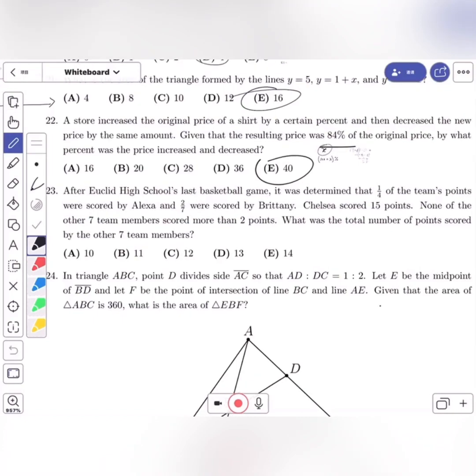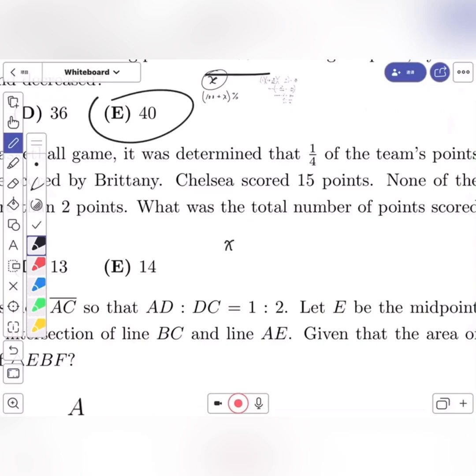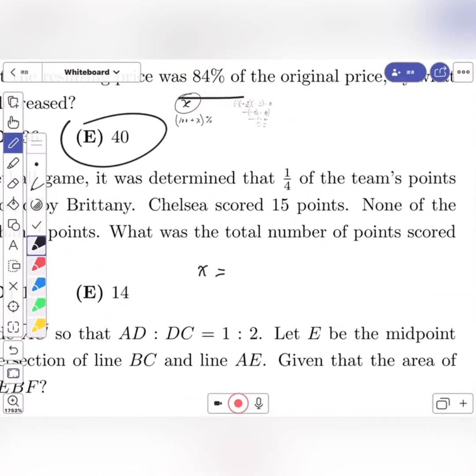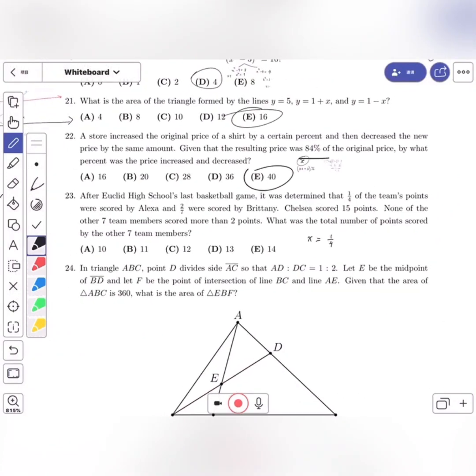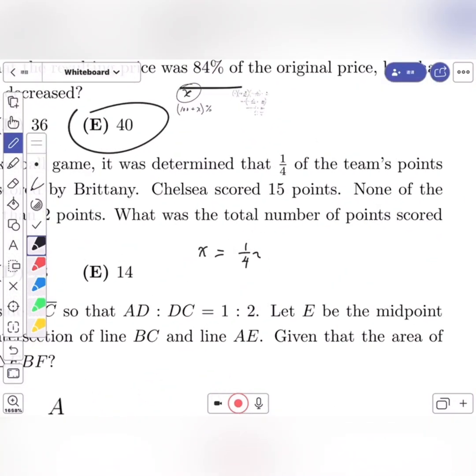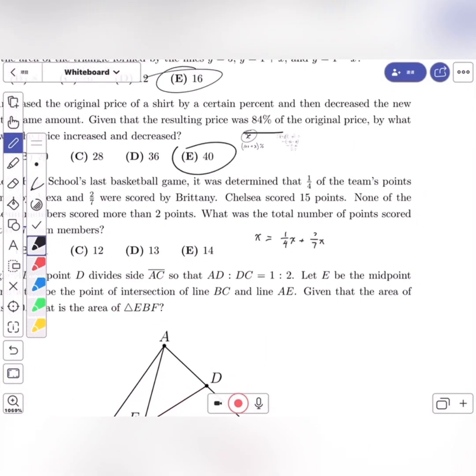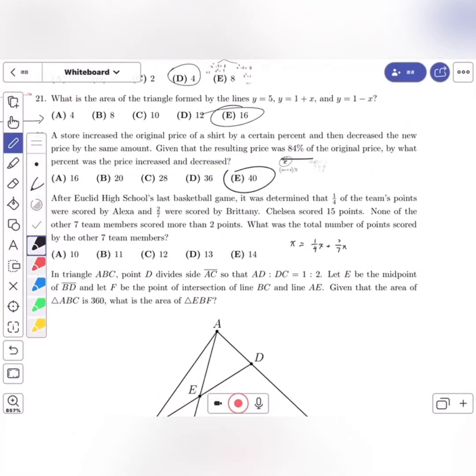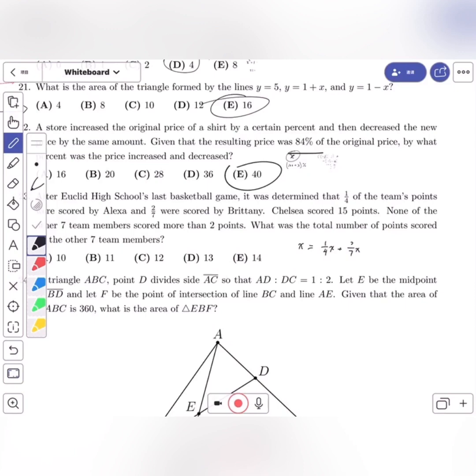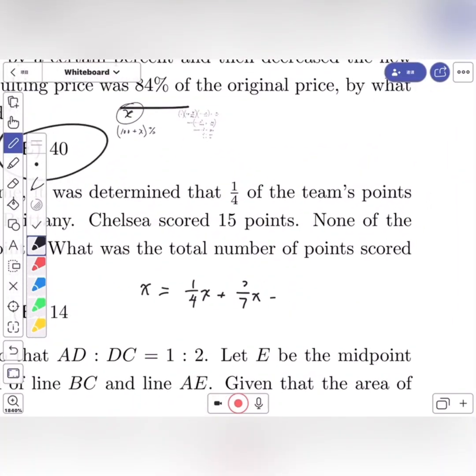So let's set x to be the total number. So x is going to be equal to 1/4 x plus 2/7 x, and then we also have Chelsea scored 15 points.